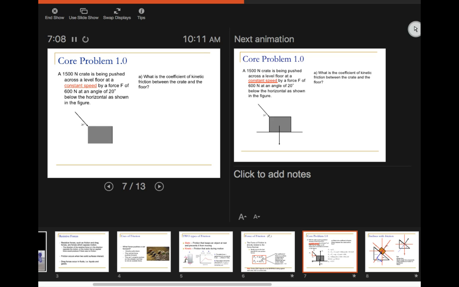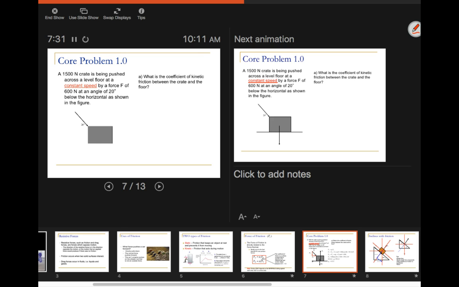Let me lay this out so we can make our picture look like the one that's on your paper, and then we'll answer that. What is the coefficient of kinetic friction between the crate and the floor right here?